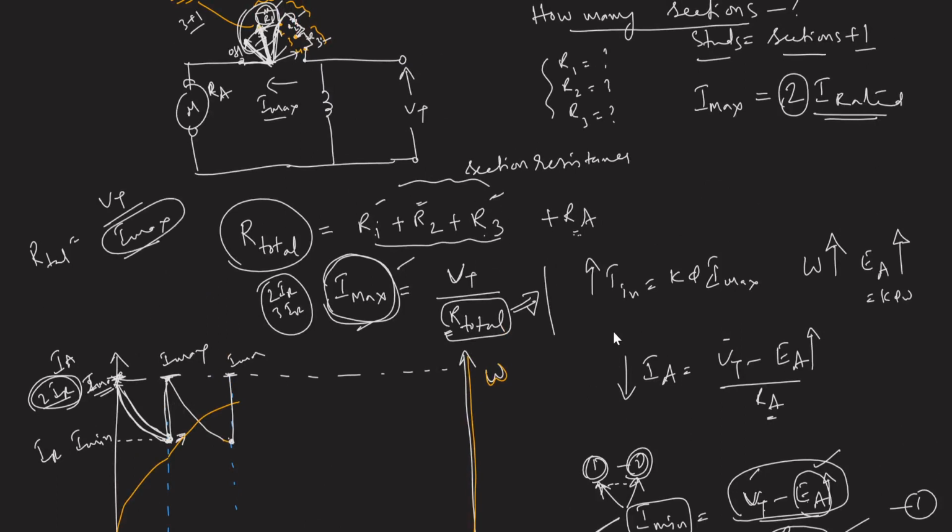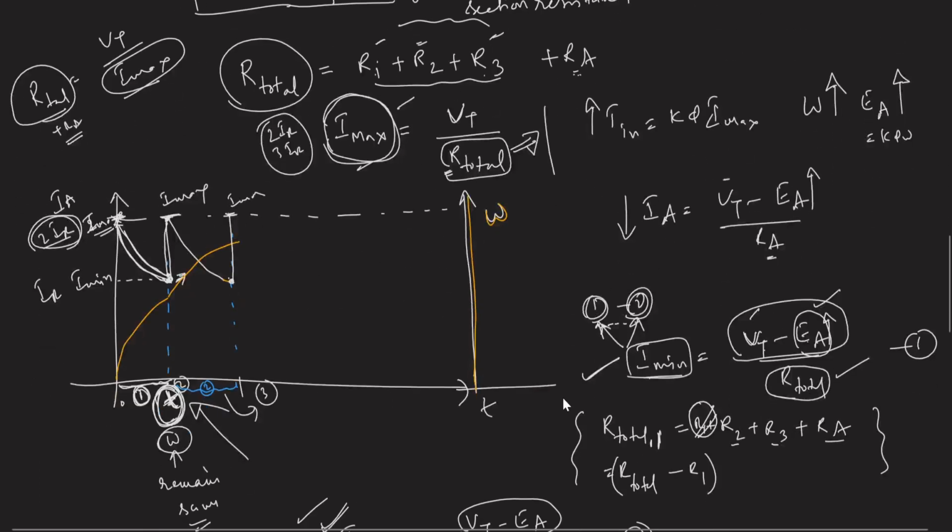To limit this I maximum, I have to place this much resistance in the armature circuit, which also includes the armature resistance. Mind you, this R total also includes the armature resistance. So R total is equal to Vt by I maximum. This is how I can calculate the number of sections and the total resistance.